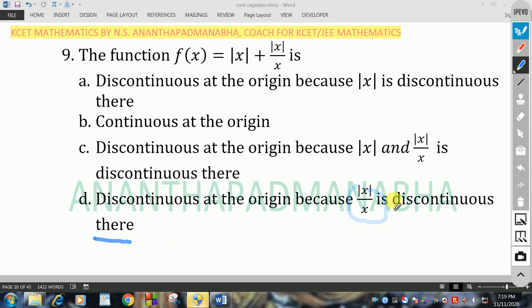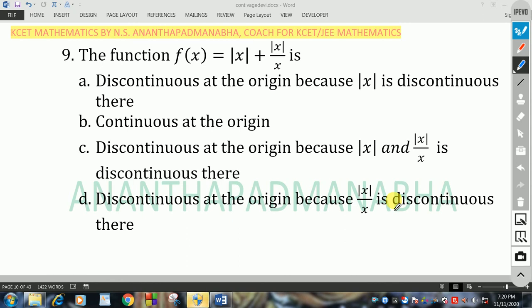So you can read the question again. There are 4 options. Given function is f of x is equal to modulus of x plus modulus of x by x. So I have to check whether it is discontinuous or continuous. Discontinuous at the origin because this modulus of x by x is discontinuous there.